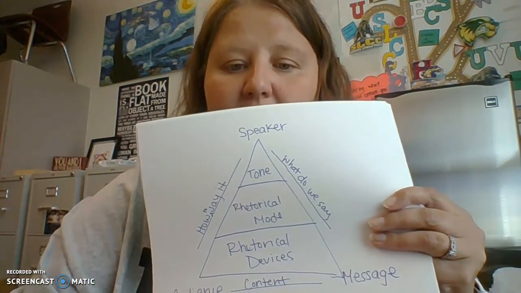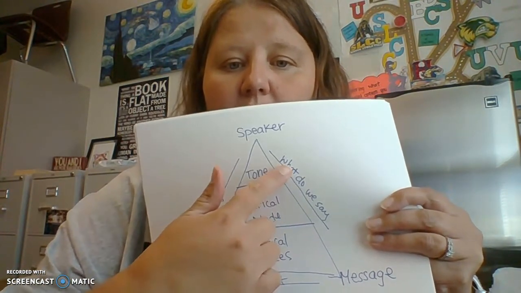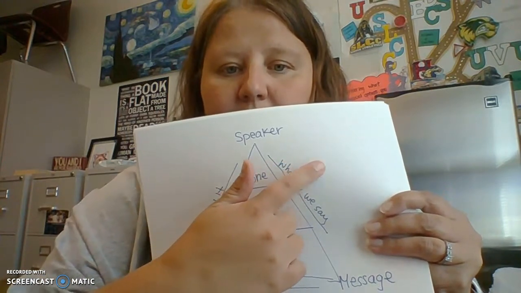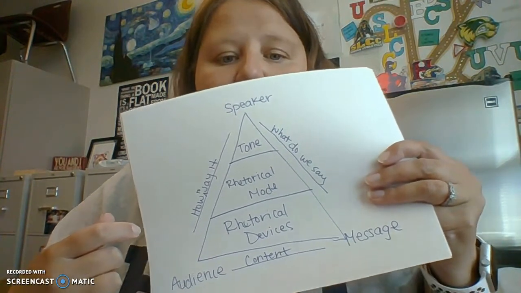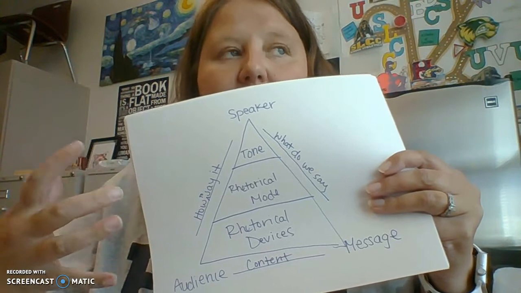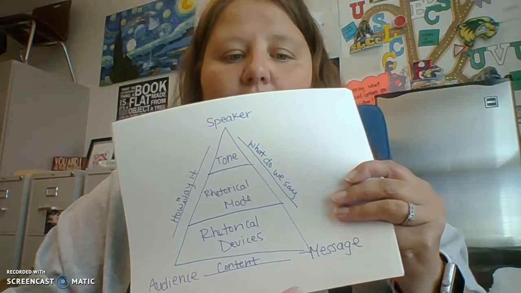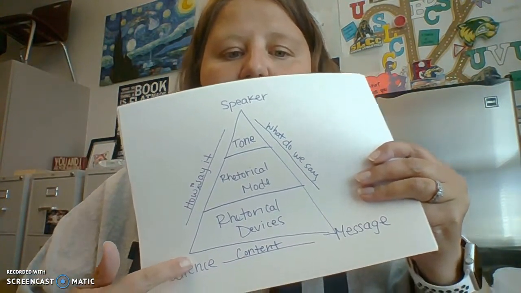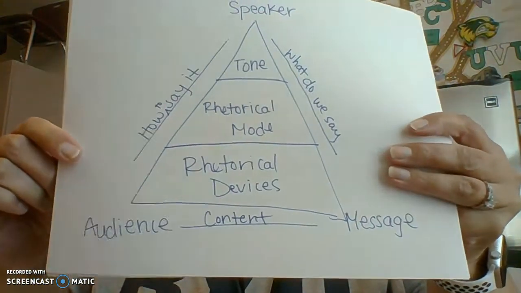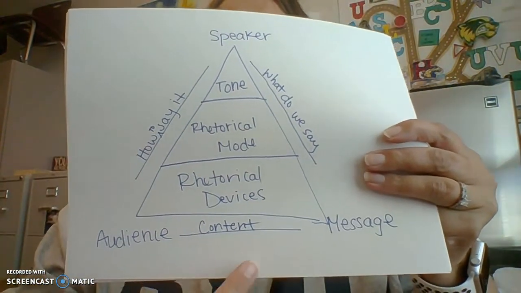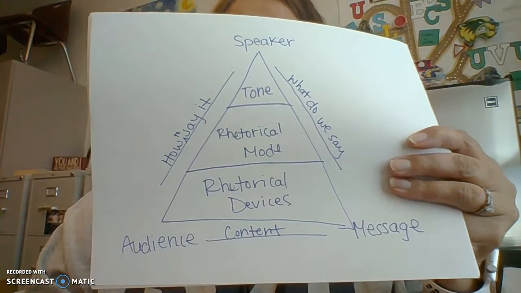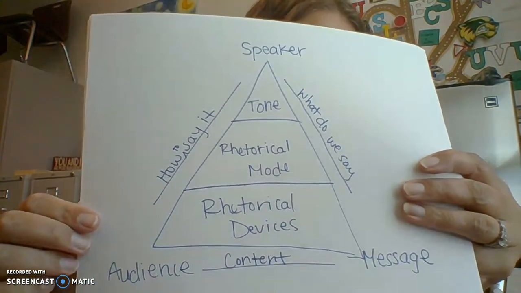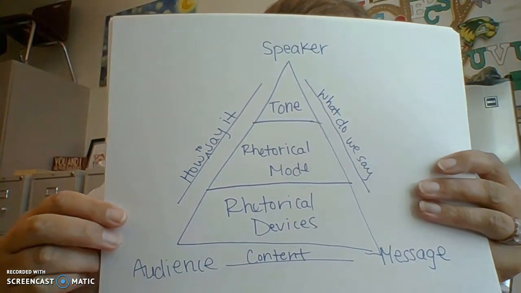So what's the message? You have to decide what we are actually saying. And then we have to decide, how do we say that? How do we then reach whoever our audience is going to be? And then obviously the content is between those things. So that's really important.